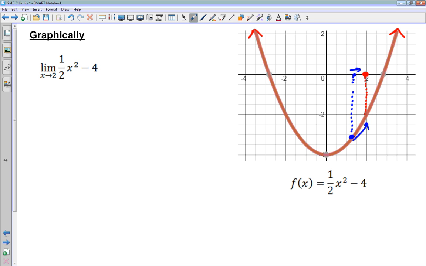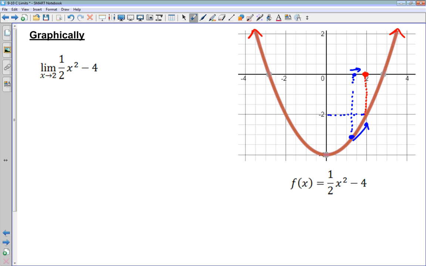What value of y will we get to when we actually get to x equals 2? I hear you saying -2, and then wondering, is it really that easy? Yes, it is that easy.